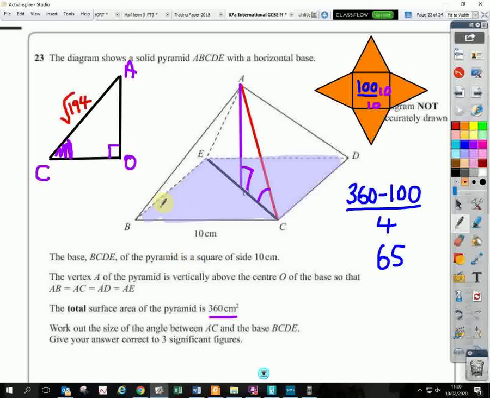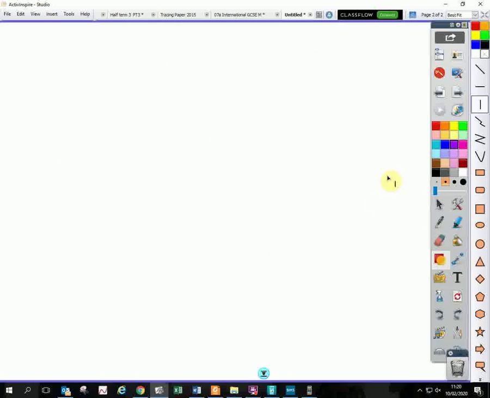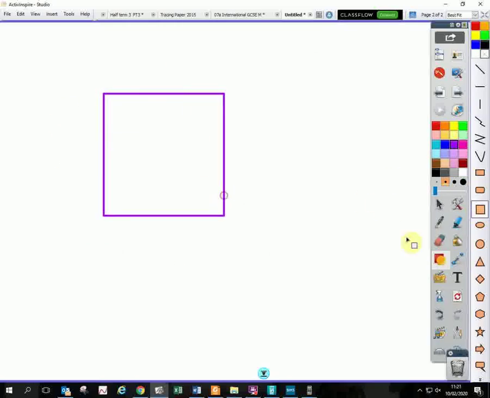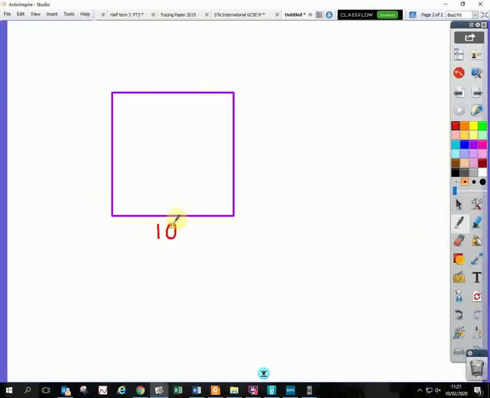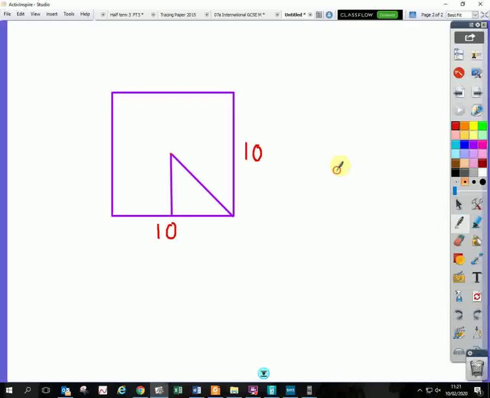I can work out OC as well pretty easily, and I'll show you how to do that. OC, you've got to imagine that you're looking down on the shape and there's a bird's eye view. Now, the square is 10 by 10. OC is this line here. So if you consider this triangle, which is 5 by 5, it's easy to work out the length of OC by again using Pythagoras' theorem.